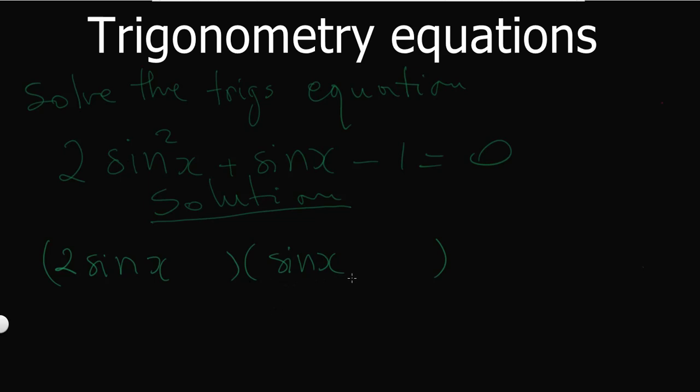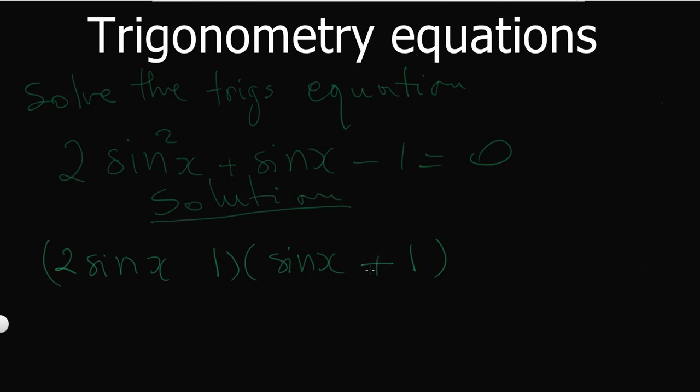Now, which number do you put here? Remember, when you multiply these two terms, the number that we put here should give you this. So we have 1 times 1 will give us 1. Now what sign are you going to put here, and what sign here?